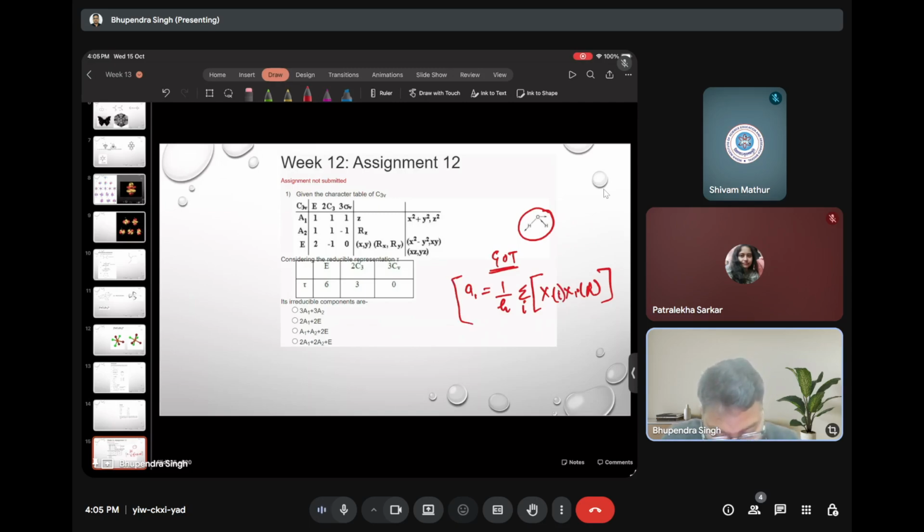Here the character table is given, and the reducible representation is given. So basically we have to multiply. That's it. Nothing else.